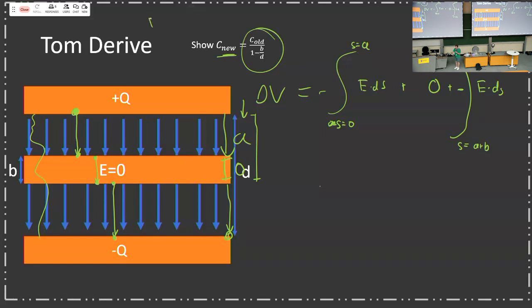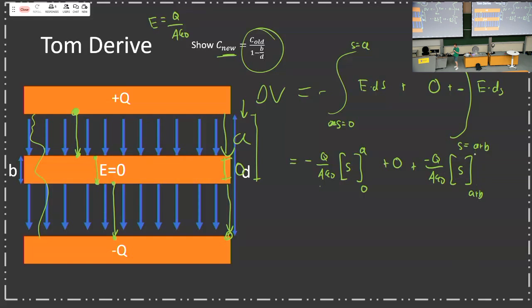We recall that E was equal to Q over A epsilon naught. So let's do that integral. This is equal to negative, but we're going to make it positive anyway because we don't really care, Q over A epsilon naught times s between 0 and a, plus 0, plus negative Q over A epsilon naught times s between a plus b and d.